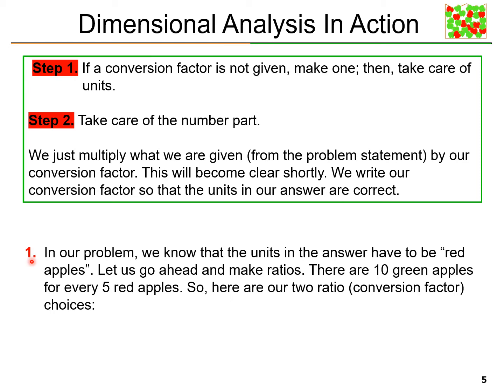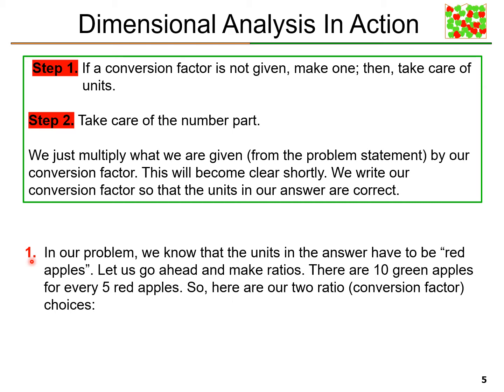There are 10 green apples for every 5 red apples. Or I can say that there are 10 green apples per 5 red apples. Remember, per means to divide.